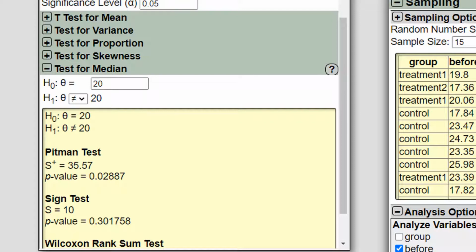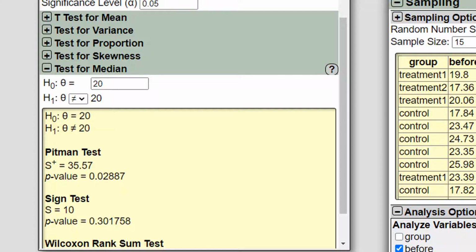So for each value we've observed, we look at the difference between what we observed and that hypothesized median of 20. Say we have observed a 22.7, that's 2.7 more than 20. Under the null hypothesis, it's equally likely to have observed a difference of 2.7 as a difference of negative 2.7, because that's the idea of a median.